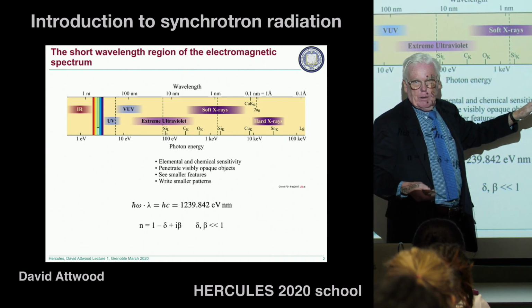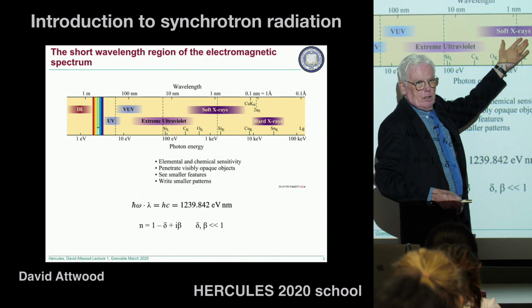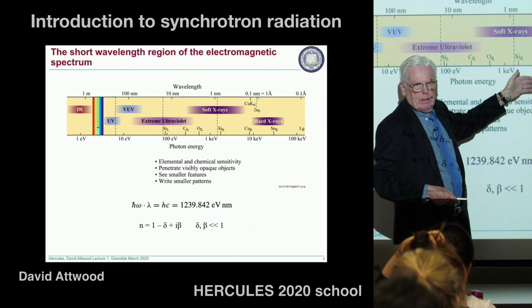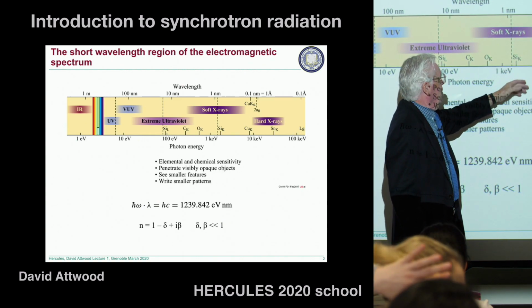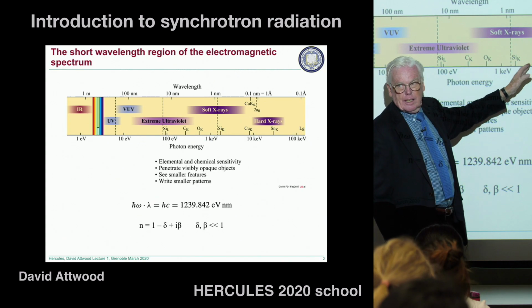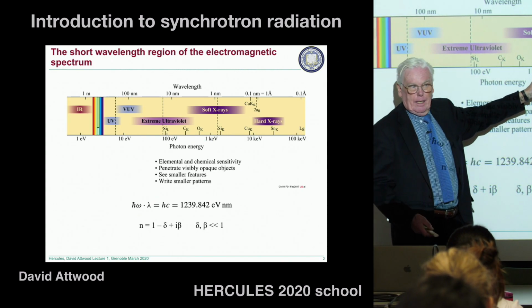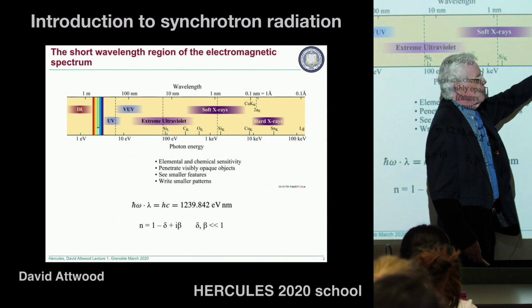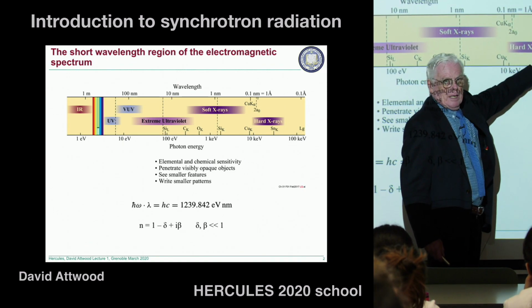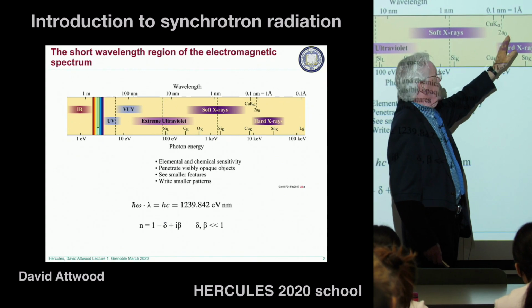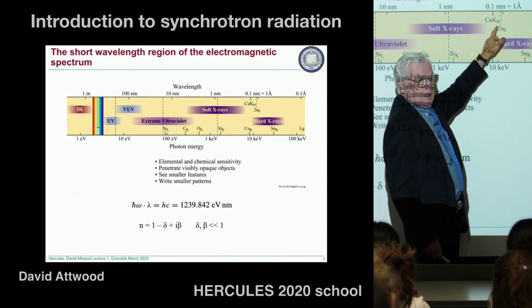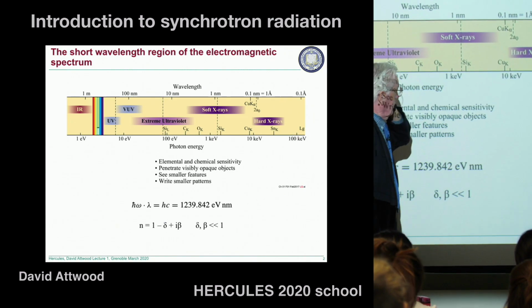We generally break them up into soft X-rays, energies around a kilovolt or 500 eV. This is where the iron L edges are, for people interested in magnetics. Hard X-rays, your medical X-rays, would be out here, and protein crystallography in here someplace. This is where the copper K alpha radiation is, wavelength-wise.